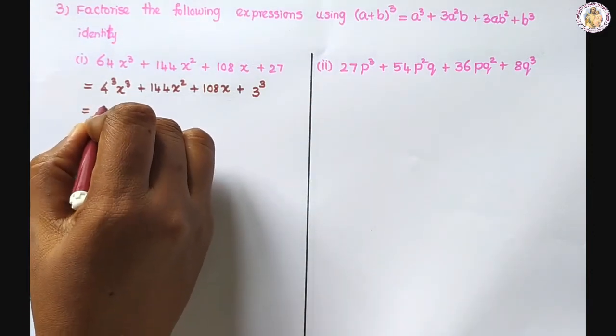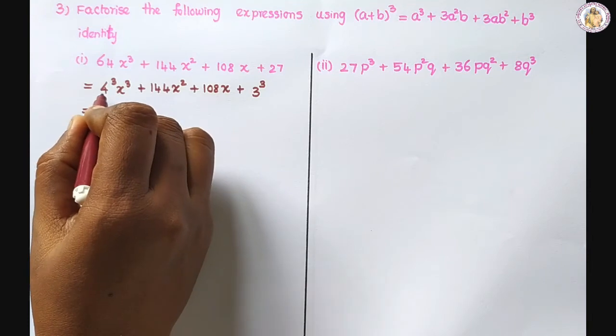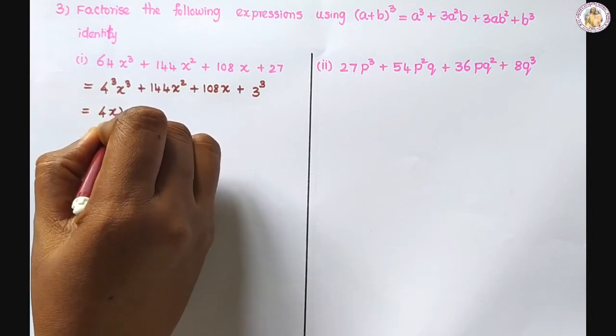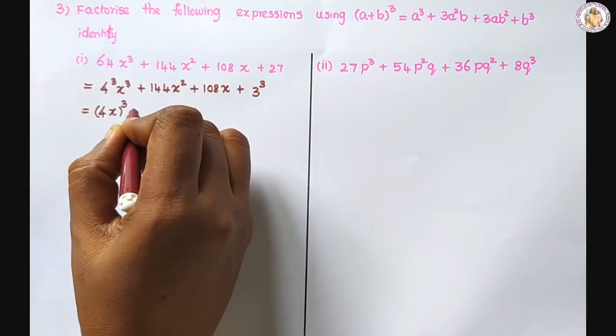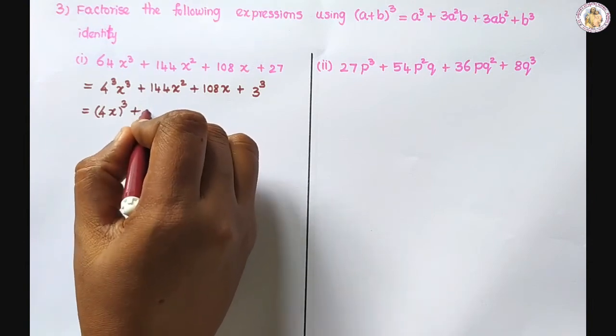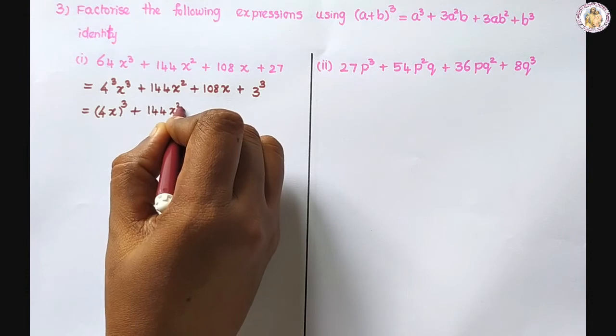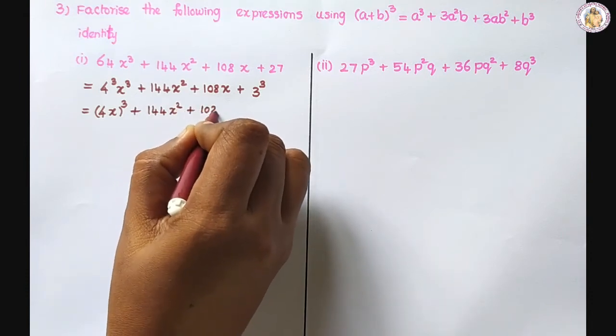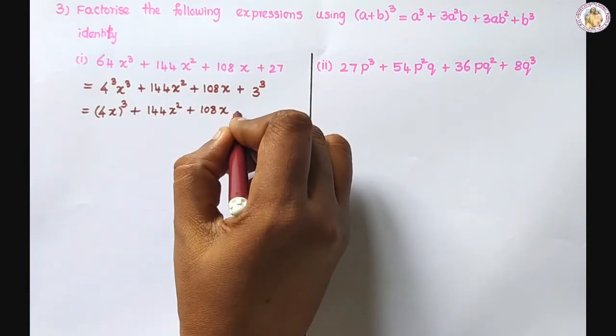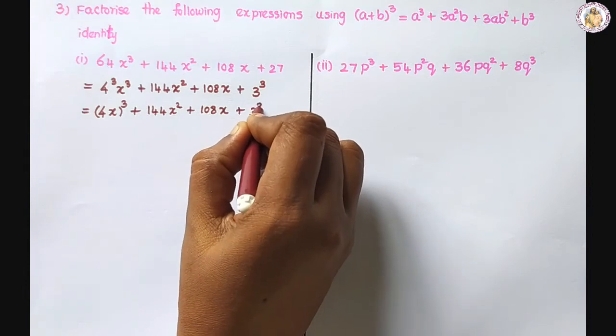Again, this can be written as 4 cube x cube, that is 4x whole cube plus 144 as it is plus 108x as it is and 3 cube.